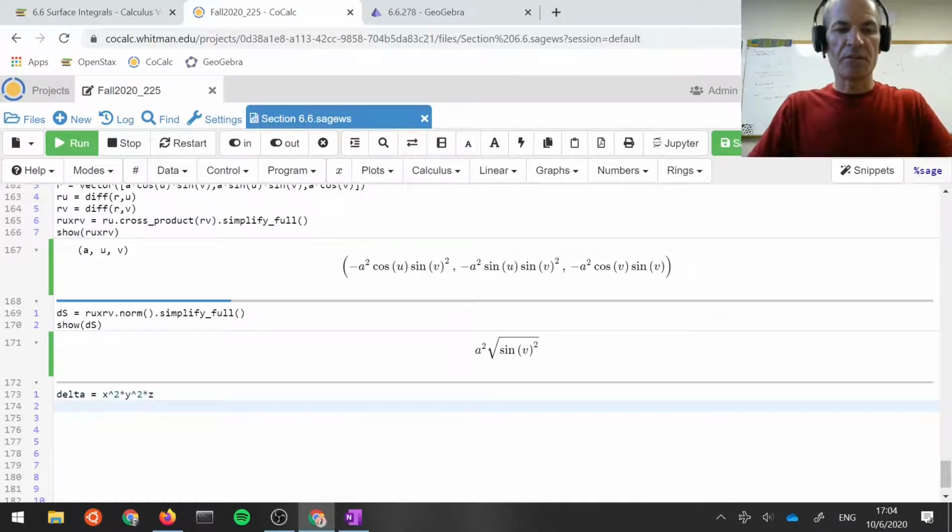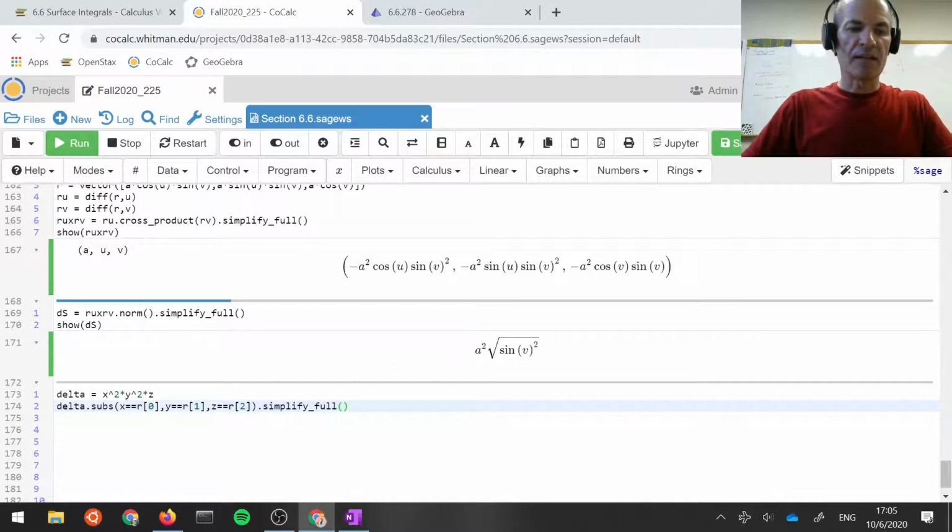And we want to substitute into delta. We want x to equal r0. I think I can use commas here because this is not a vector. r1 and z is equal to r2. And I want to simplify that as much as I can, and let's just store that in, I don't know, let's call this delta r.